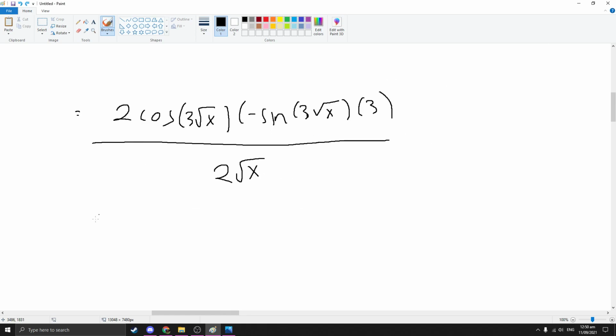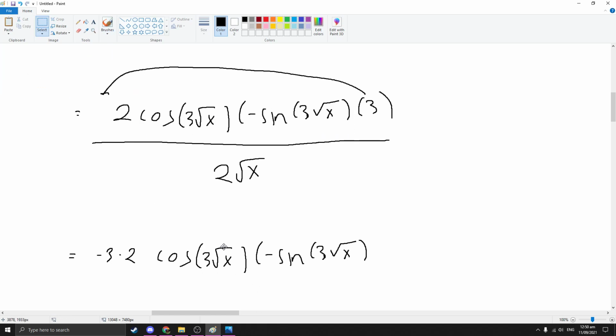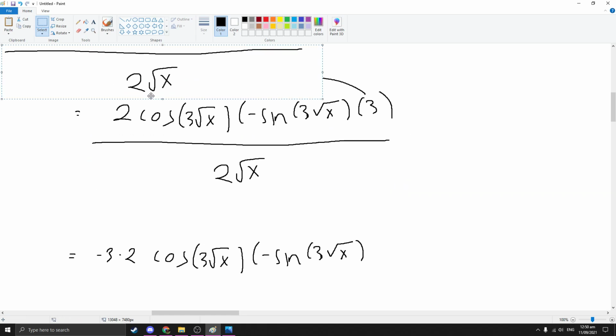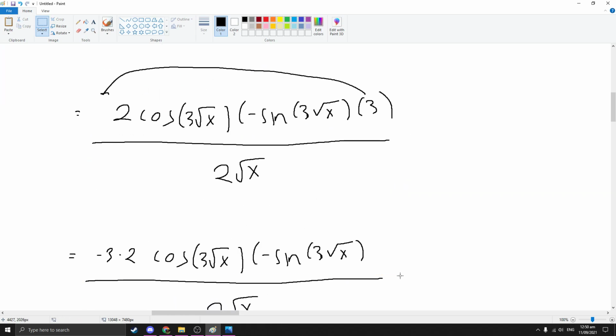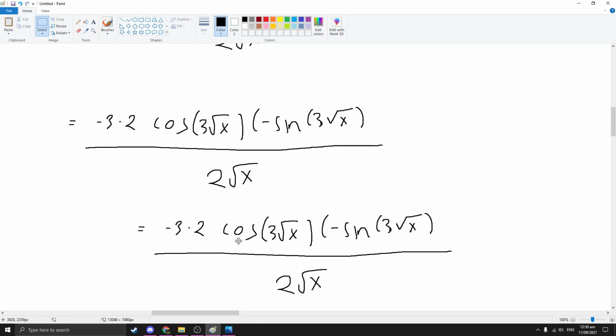So, minultiply na natin. So, what's next? Since meron tayong dalawang constant, pagsasamahin natin yan. So, transpose natin yung 3 dito sa harap, magiging negative 3 times 2. Tapos, copy lang uli yung buong equation.